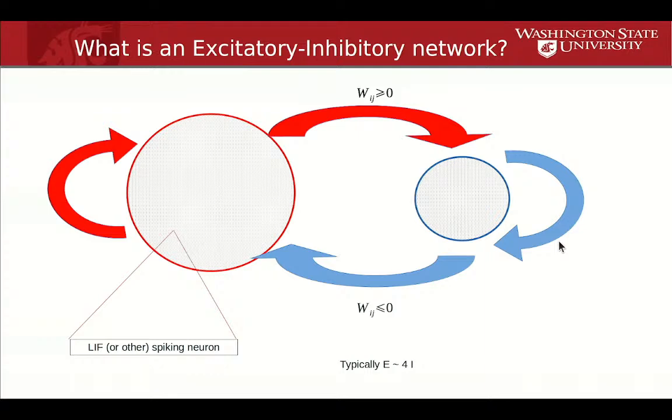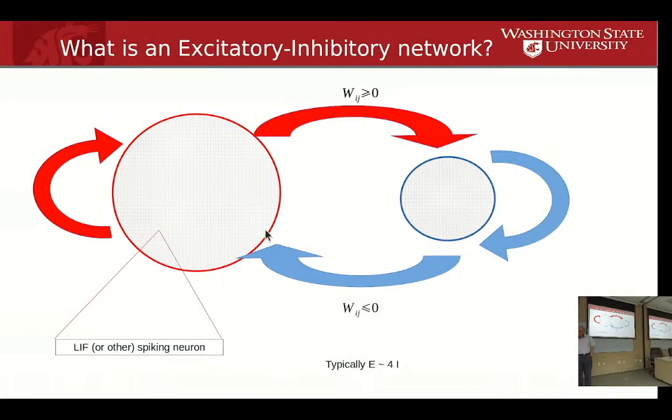To highlight what this is, you have a group of neurons that we'll call excitatory, and another group of neurons that we'll call inhibitory. Each one of those little dots is a leaky integrate-and-fire or other spiking neuron.